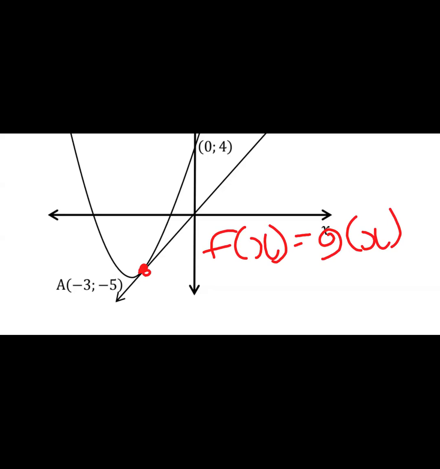My learners, the graph of g is a straight line. It's y equals mx plus c. As a result, the gradient is already 2.